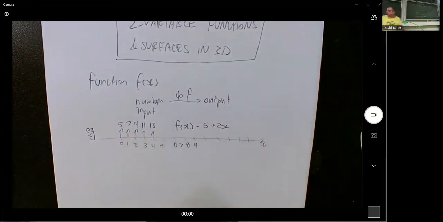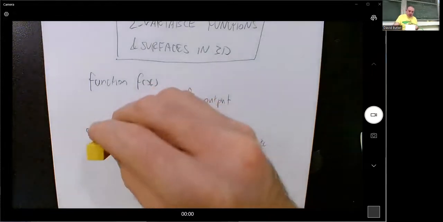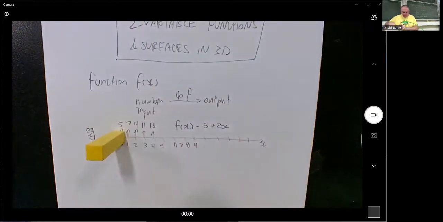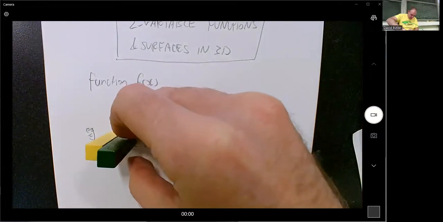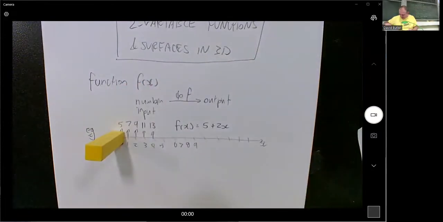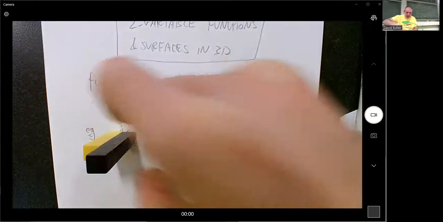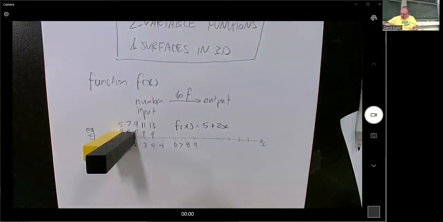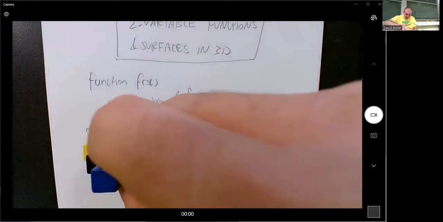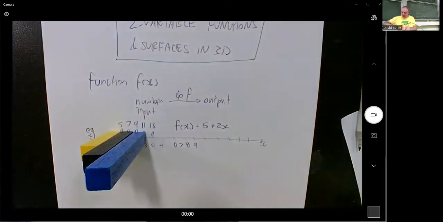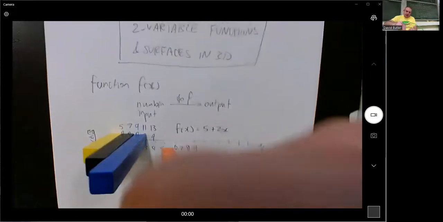And so I could go, all right, well, I've got a 5 at this spot, and a 7 at this spot, and a 9 at this spot, and an 11 at this spot, and so on, right?